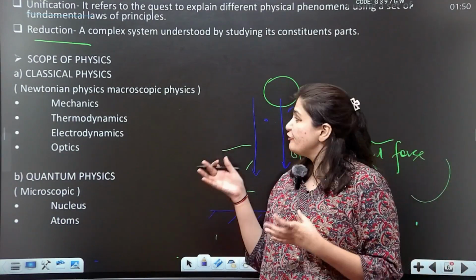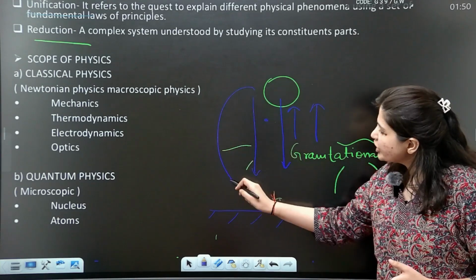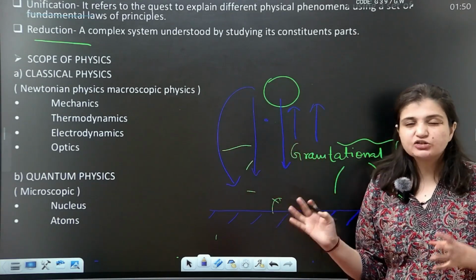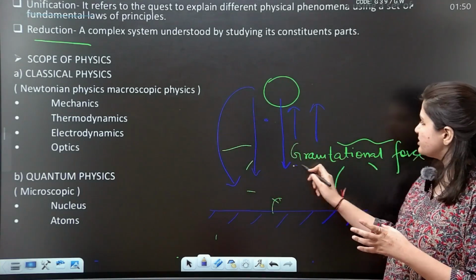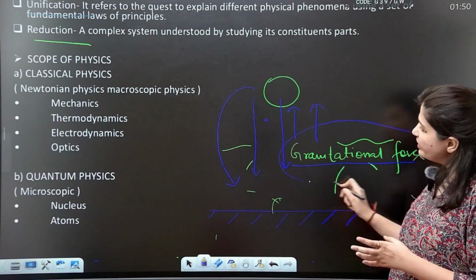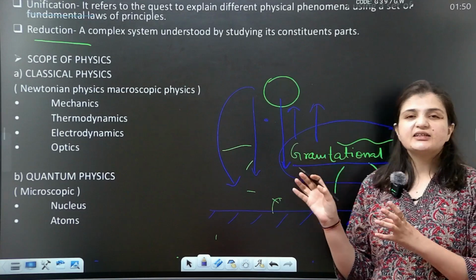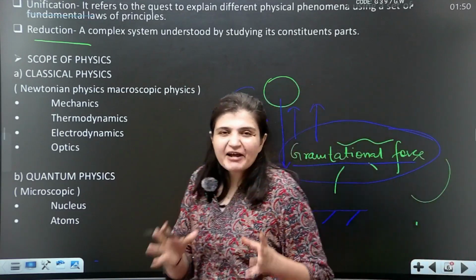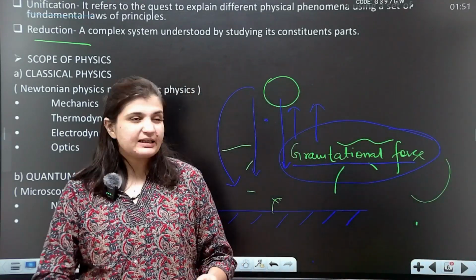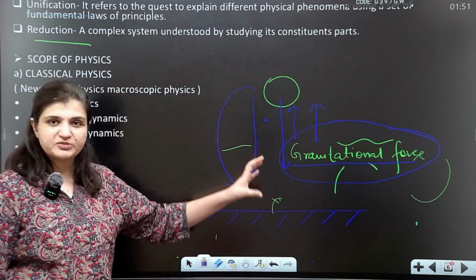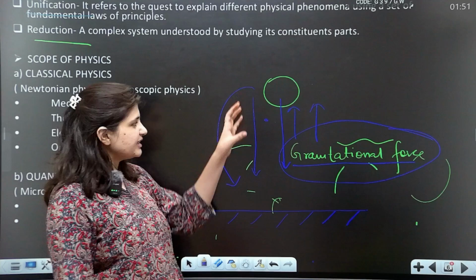Now if we have to find the distance covered by it, it becomes difficult, because it is not only the gravitational force acting on it when we drop this object from a certain distance.